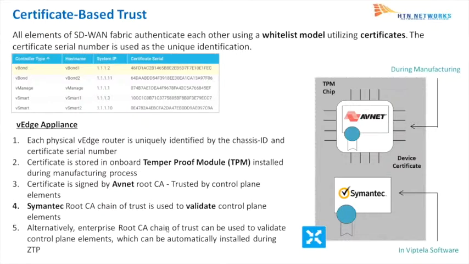During the manufacturing, the certificate is signed by AVNet, and then once you bring up the router, the Symantec chain of trust is used to validate the control plane. Alternatively, if you don't want to go to Symantec, you can have your own root certificate authority and chain of trust, and you can validate your devices within your own organization.